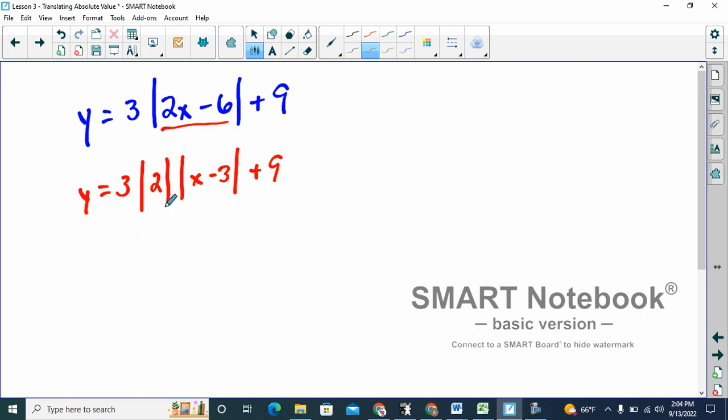So I have 3 times 2, 6 times the absolute value of x minus 3 plus 9. And now it's in standard form, so we could translate. We could go right 3 up 9, and then the V opens up with a slope of 6.